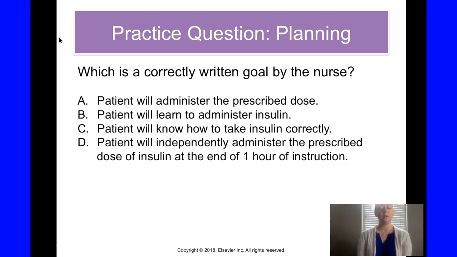All of A, B, C, and D are patient-centered because they're talking about the patient. Are they realistic? We don't really know if A, B, and C are, and it's really not because it's not specific enough. So D is the correct answer. Patient will independently administer the prescribed dose of insulin at the end of 1 hour of instruction. That would be a realistic goal for somebody doing a one-on-one 1 hour teaching.